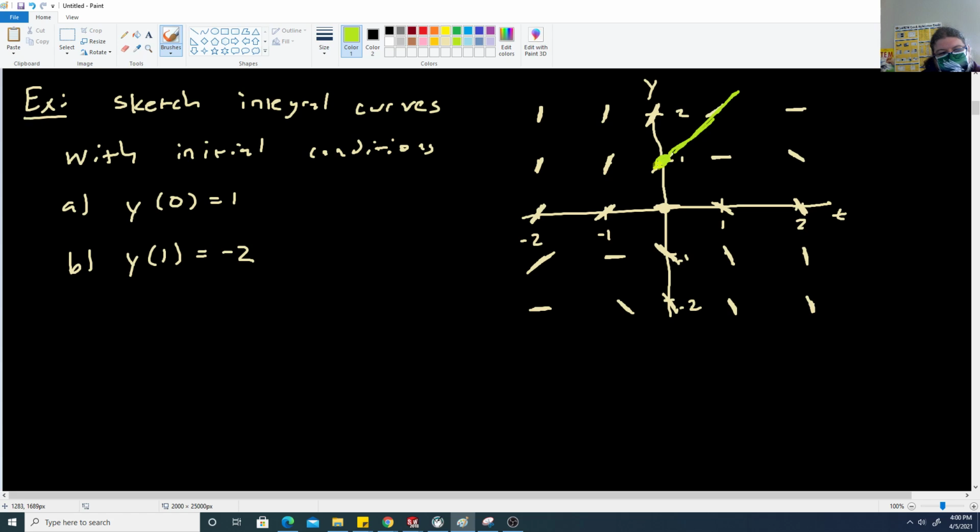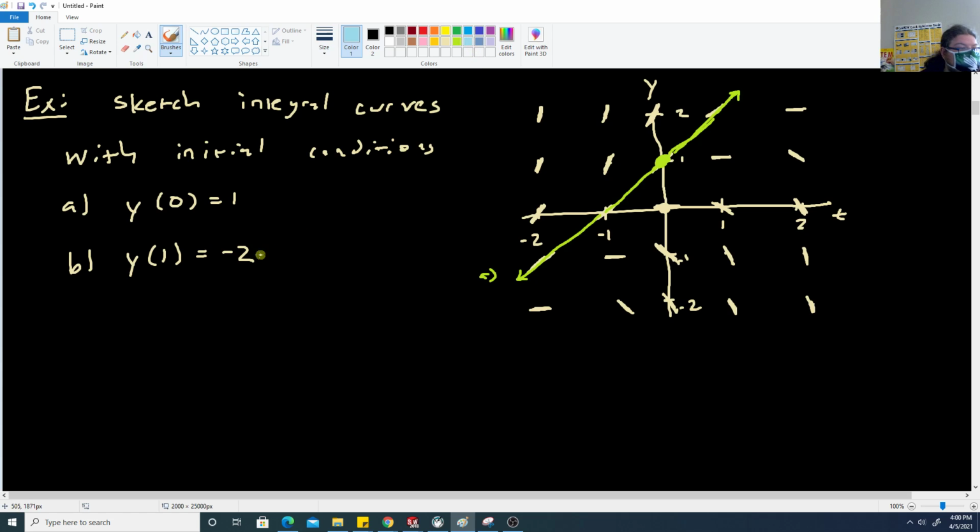We bump into the next one that also has slope 1. So if we have the initial condition of y of 0 is 1, we just hang out on this line, because every point we bump into has slope 1. So it just makes this straight line, and that would be our answer for part A.